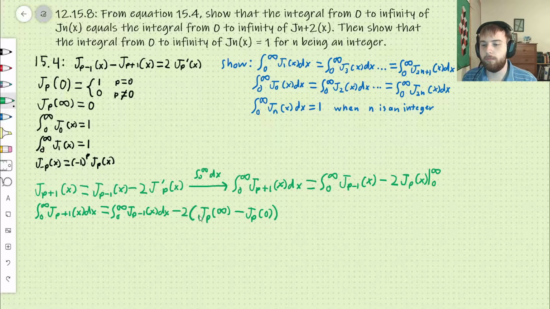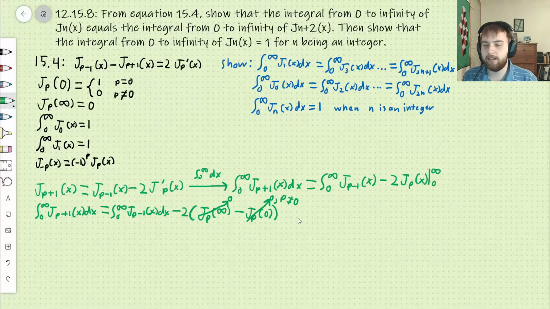So this term basically goes to 0. And then this term is equal to 0 for everything that is not p equals 0. So for now, we'll just say that this is 0 for p not equal to 0.